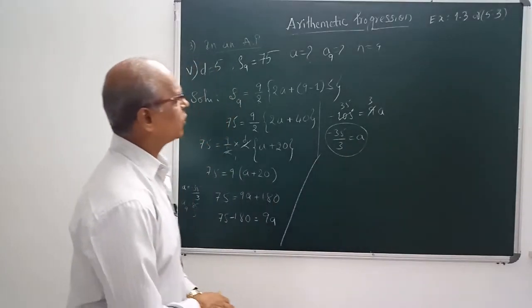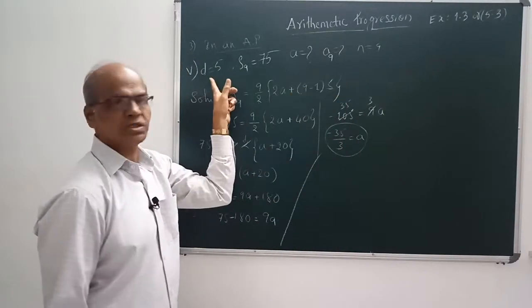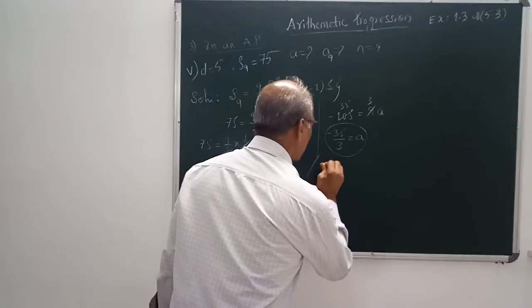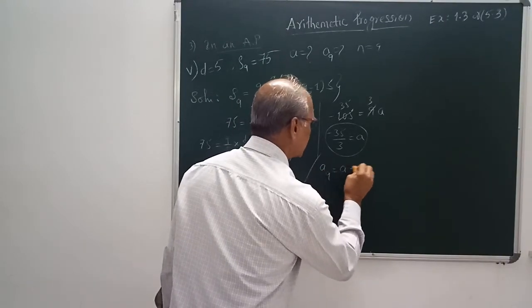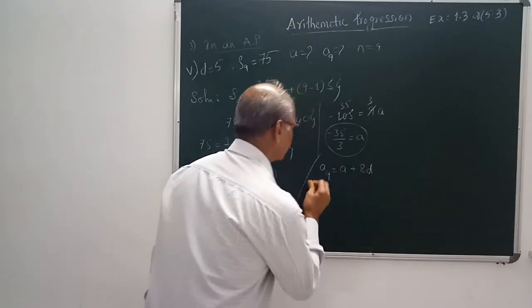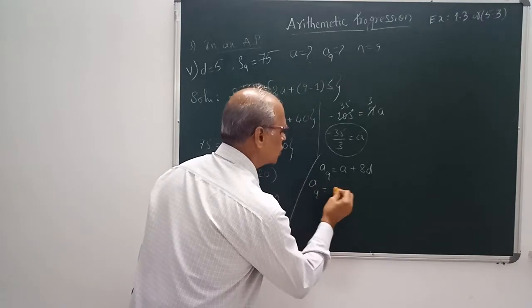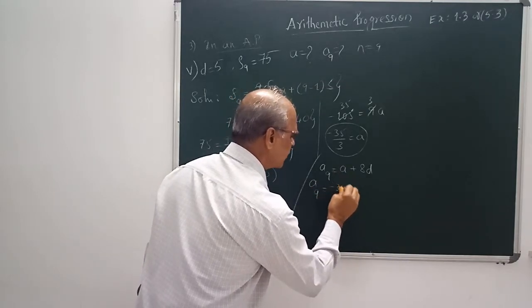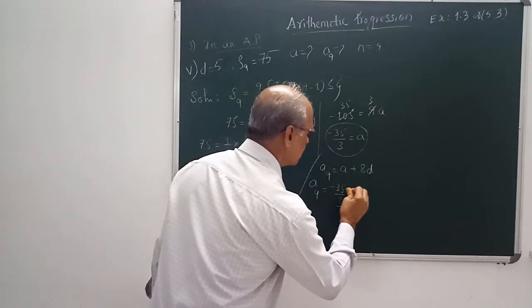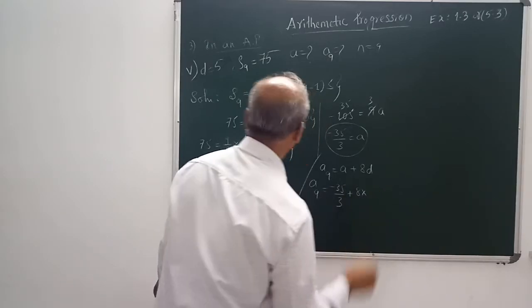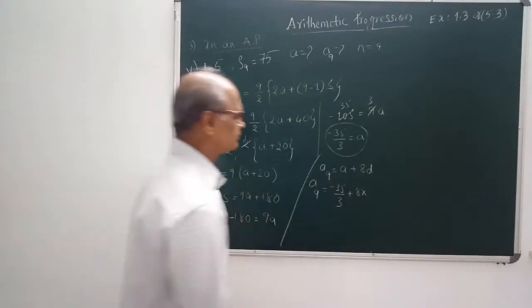Now we have to go in for A9 because D is already given. So A9 is equal to A plus 8D. A9 is equal to, A means minus 35 by 3 plus 8 into, what is the D value? 5.